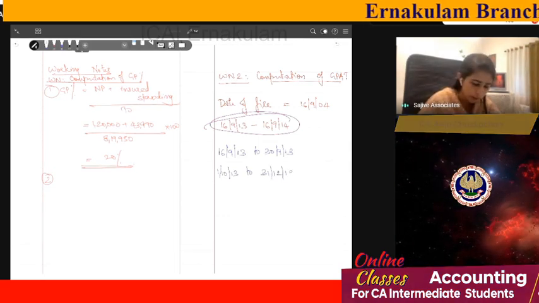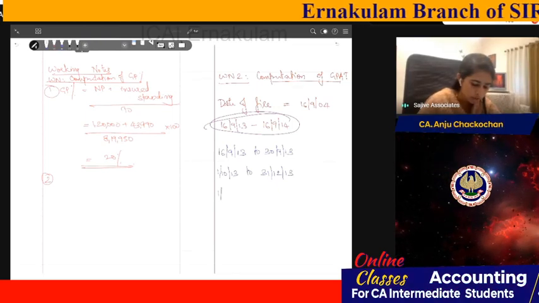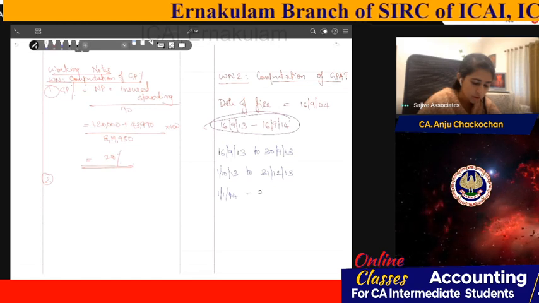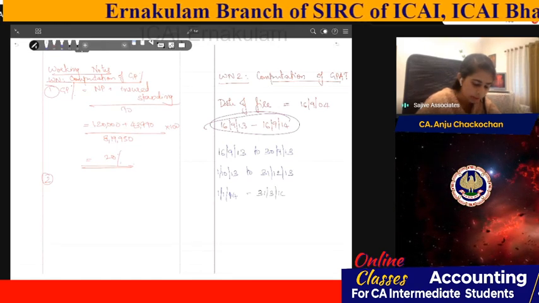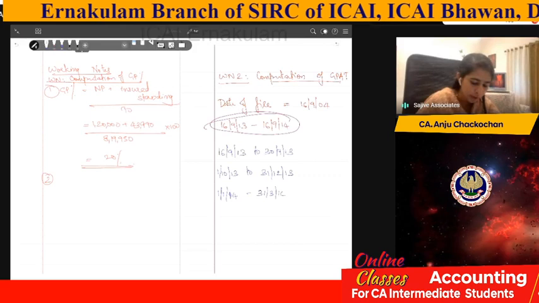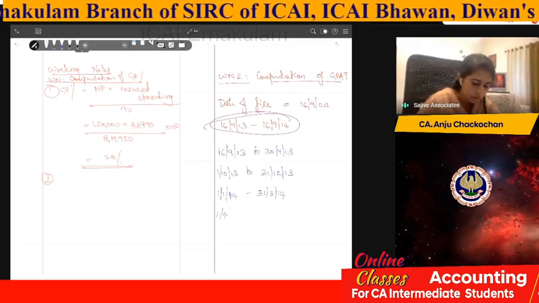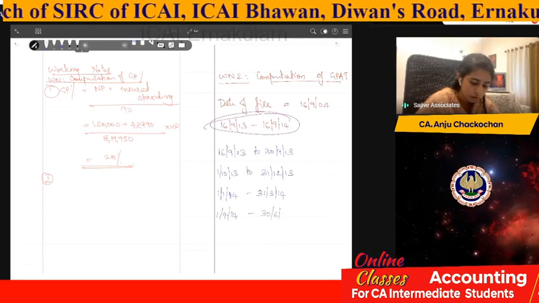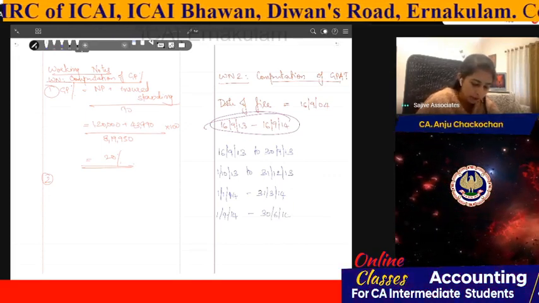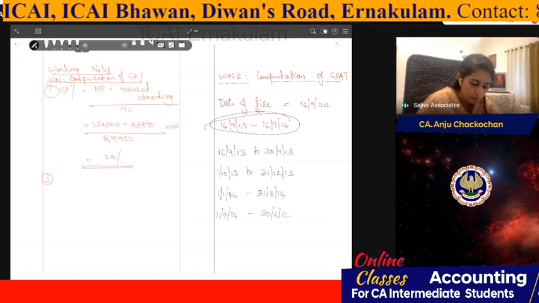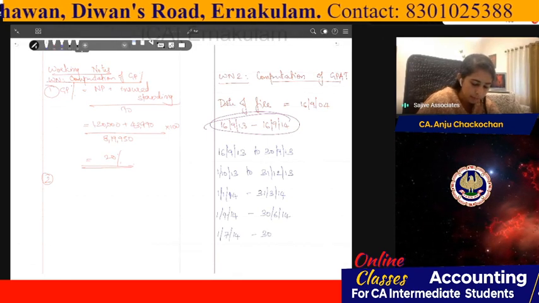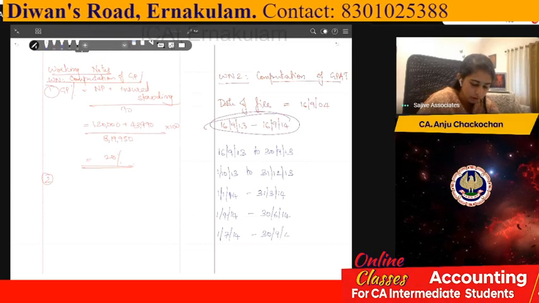And then for 2014, 1st of January 2014 to 31st of March 2014. Then 1st of April 2014 to 30th of June 2014. And 1st of July 2014 to 30th of September 2014.